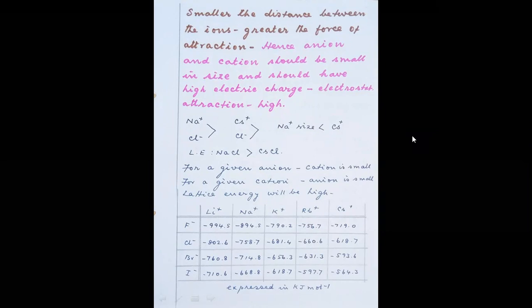Say for example, sodium plus ion is having +1 charge. Cesium plus ion is also having +1 charge. But sodium ion is smaller, cesium ion is bigger.